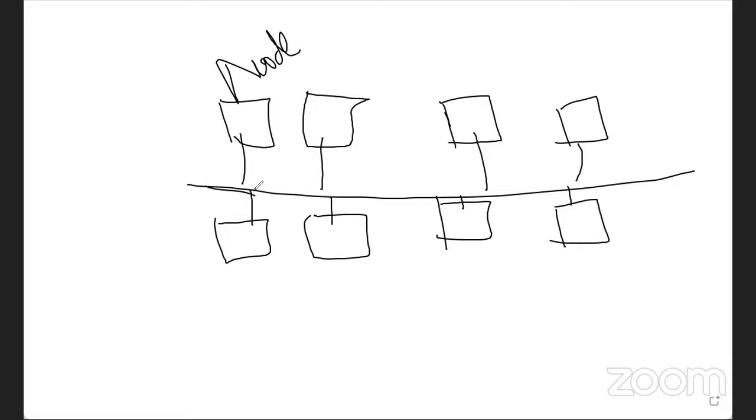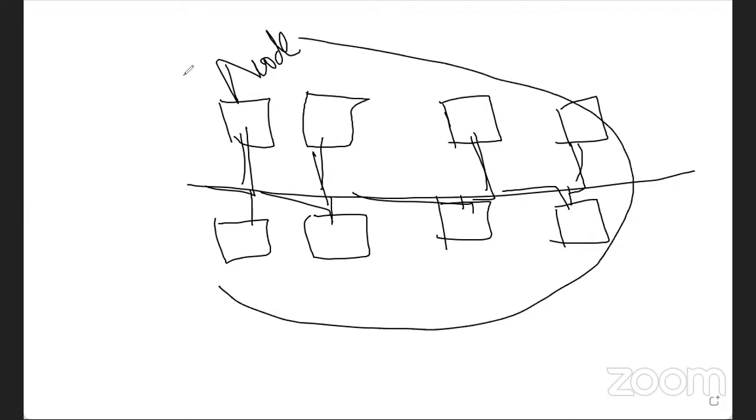Anybody can communicate with anybody, and there is no central authority watching. So blockchain technology always works on a peer-to-peer network.